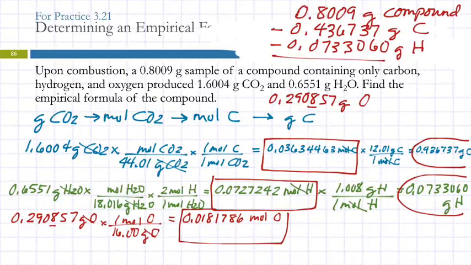Oxygen, 0.01, is the smallest. Okay, so the ratio for that one comes out to be 1. There's always going to be 1. There can only be 1. 0.181786.